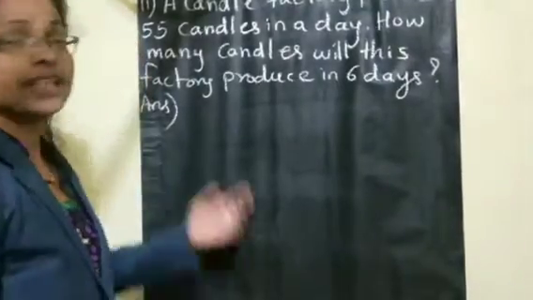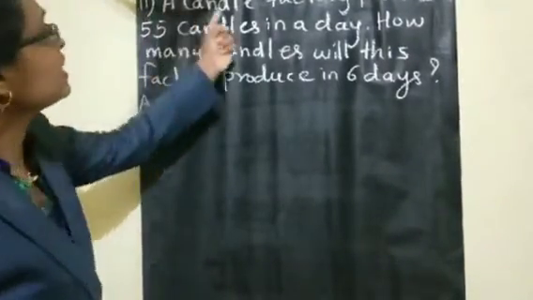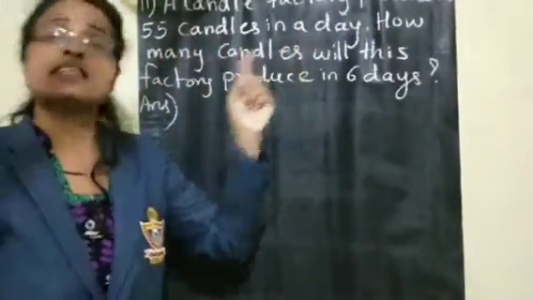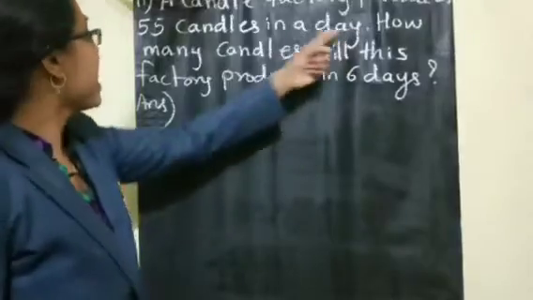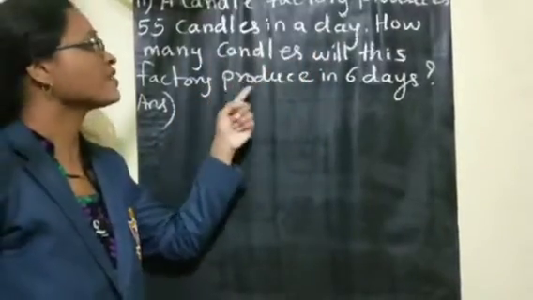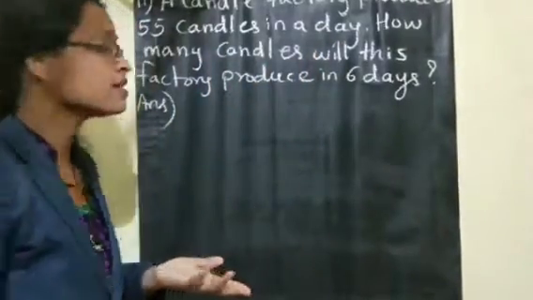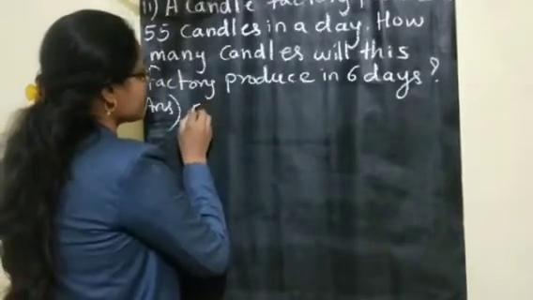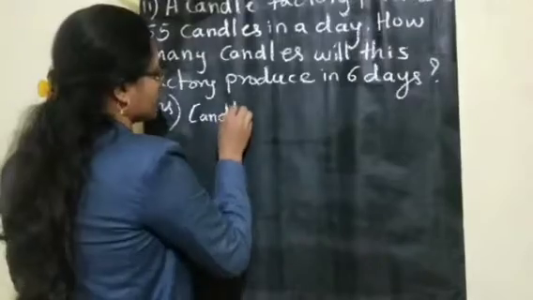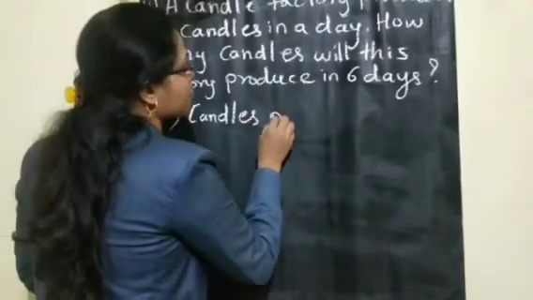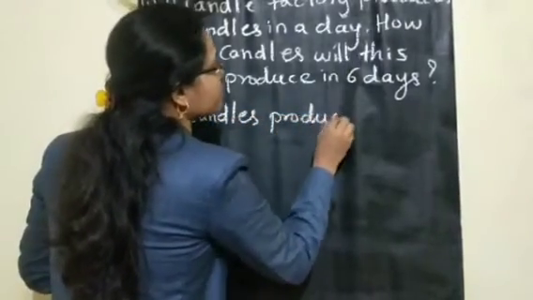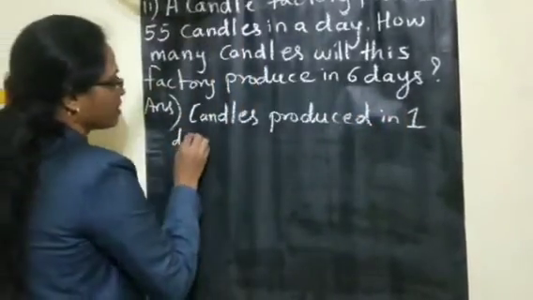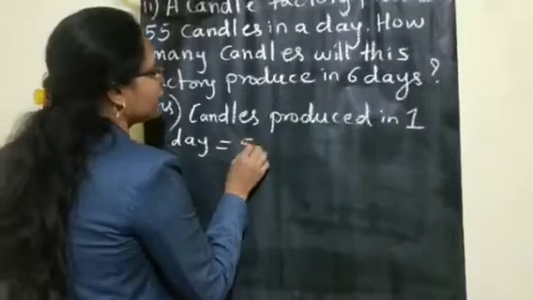Now, here is our next example, children. A candle factory produces 55 candles in a day, means in one day. How many candles will this factory produce in 6 days? So let us write first the given part. Candles produced in one day is equal to 55.